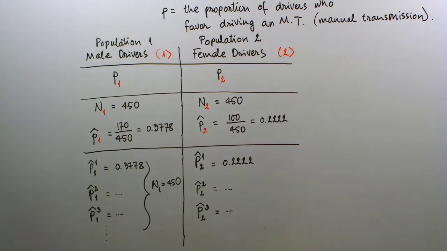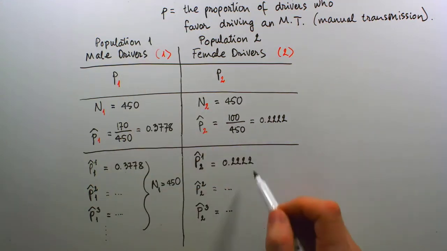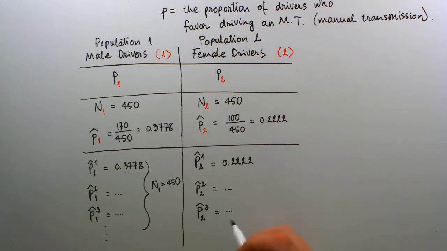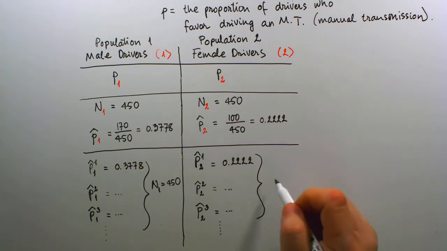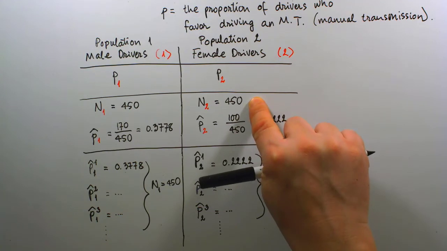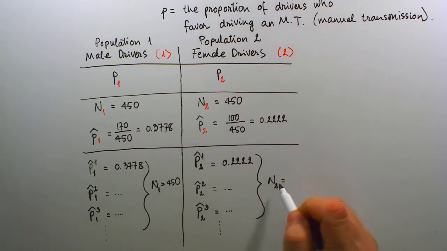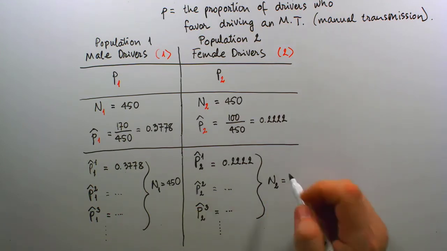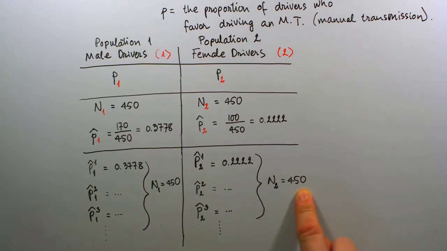But now, similar to the arguments I made back in population 1, all of these samples, including all of those that can possibly come out, must all agree to be on the same sample size that we have decided for population 2. So that's the meaning of what N1 and N2 are. So N2 here is also decided to be 450.